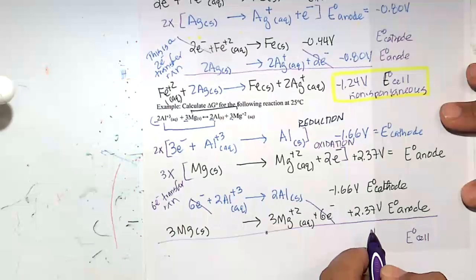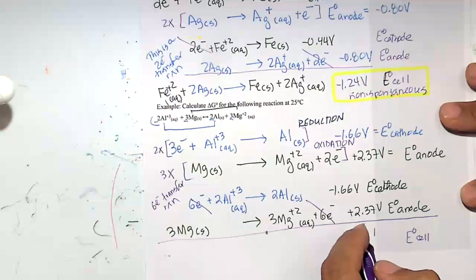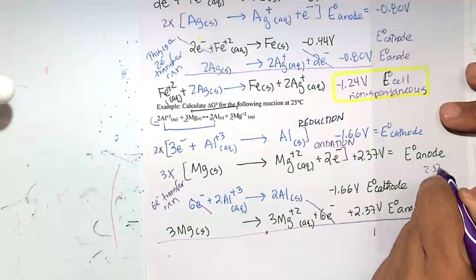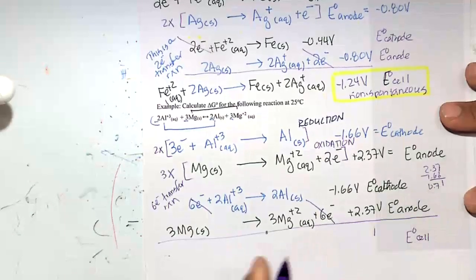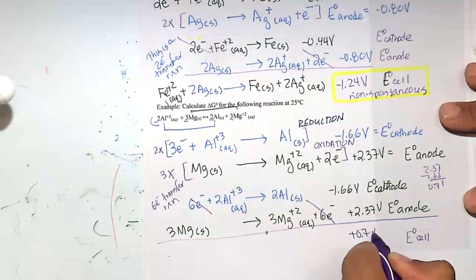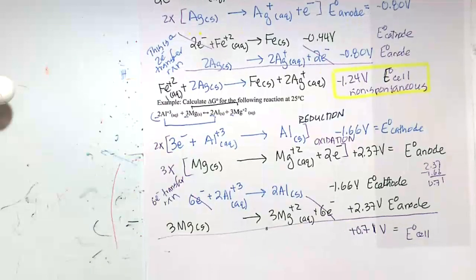What is that on our calculator? So this is positive 0.71 volts. You got it.